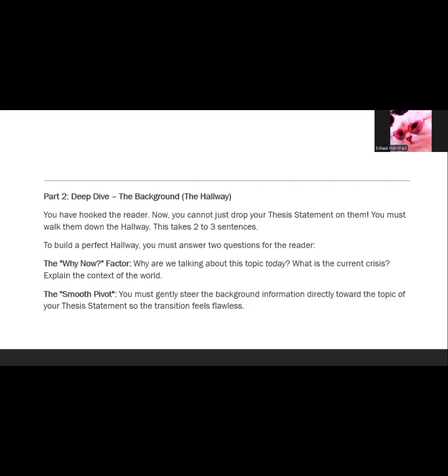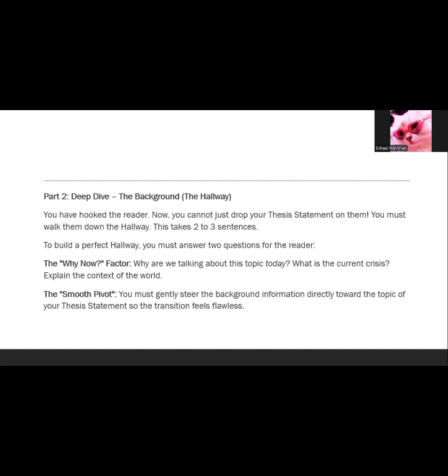Okay, and the second thing should be a smooth pivot. You must gently steer the background information directly toward the topic of your thesis statement so that the transition feels flawless.